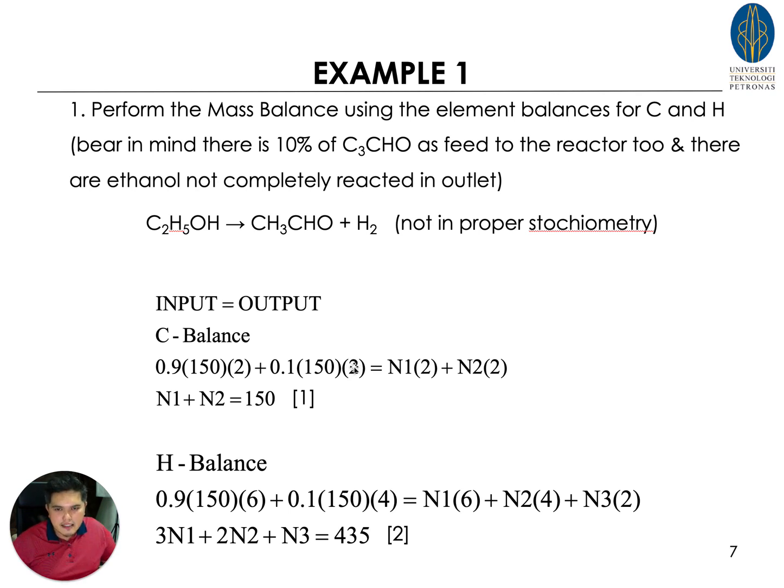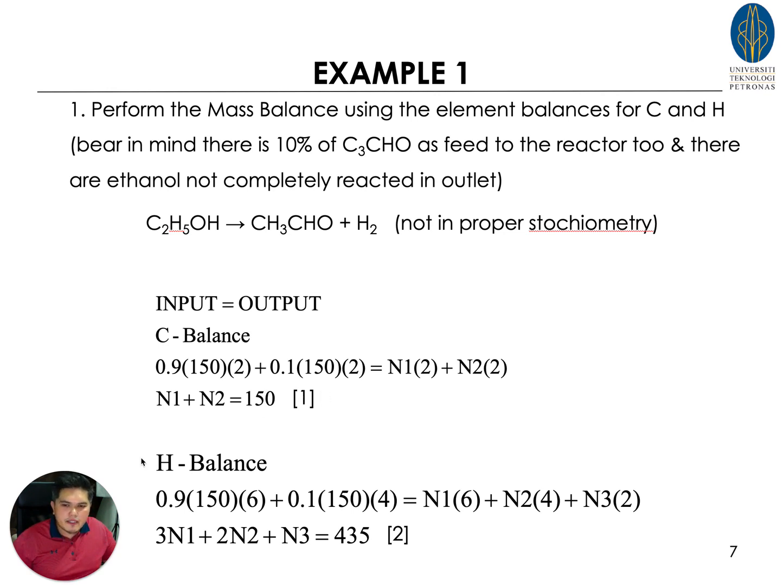But we do not know how much ethanol is left in the outlet, or how much acetaldehyde there is. But we know that the carbon atom will definitely be 2 in ethanol and 2 in acetaldehyde. So it is N1 times 2 plus N2 times 2. If we simplify further, we get N1 plus N2 equals 150. So we have equation 1.